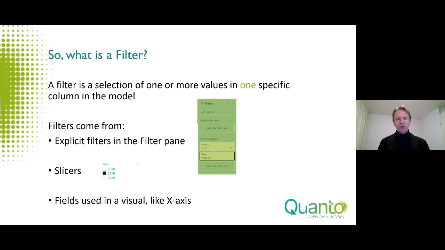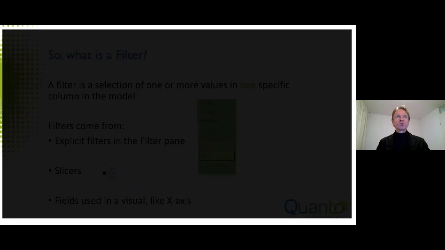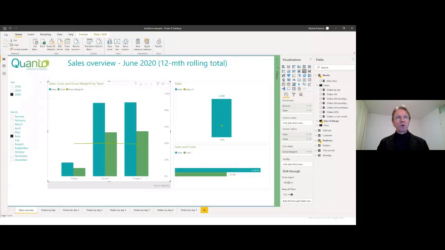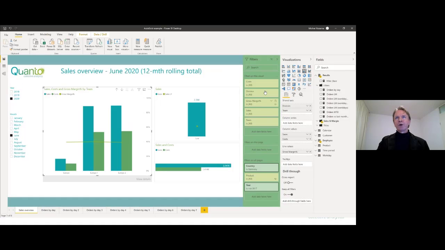Now, if you work with a Power BI report, it is actually quite easy to find out which filters are active at one time. Let me switch shortly to an example Power BI report. You can see here a couple of charts, and we have a couple of slicers, and in my filter panel I also have a couple of filters there.